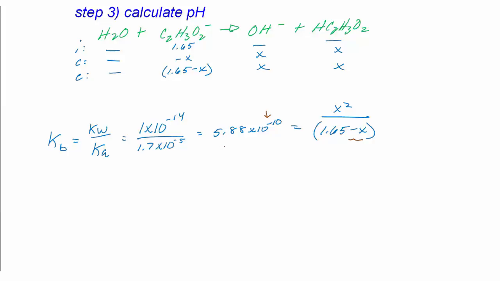If it's 10 to the negative 10, it's a very small number. So x has to be extremely small. Take 1.65 minus a very small number, you get 1.65. So we don't have to do that full quadratic problem.